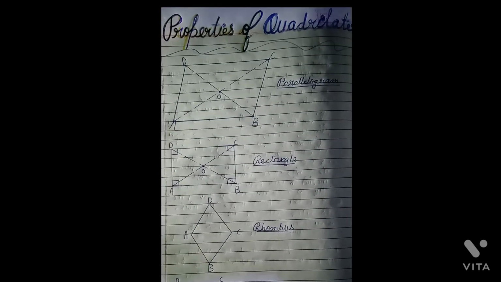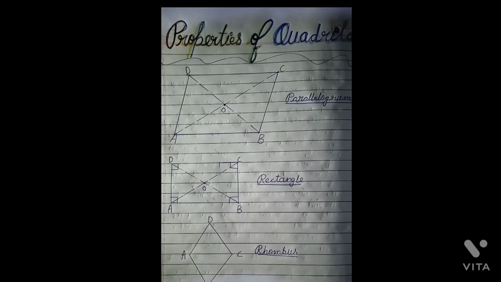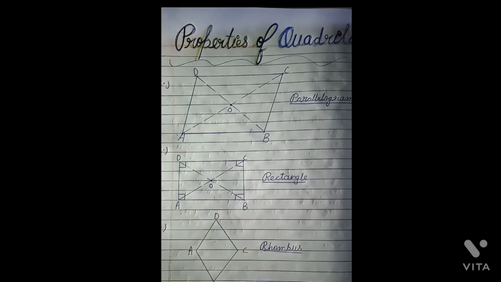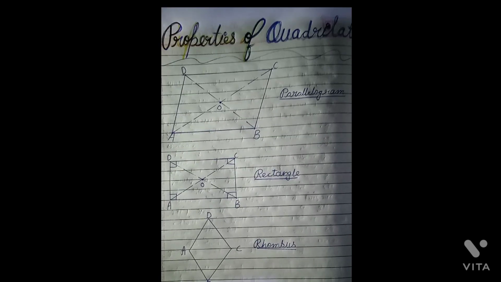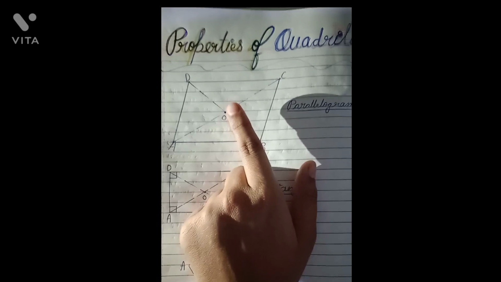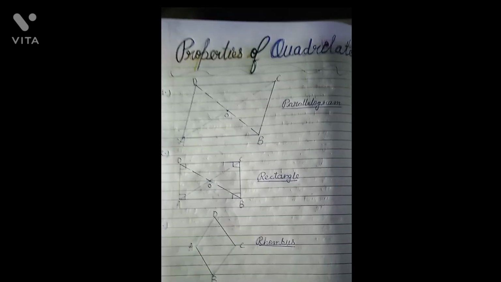The third point is that the diagonals bisect each other, not at right angles, only bisect each other in a parallelogram, which means OA is equal to OC and OB is equal to OD.